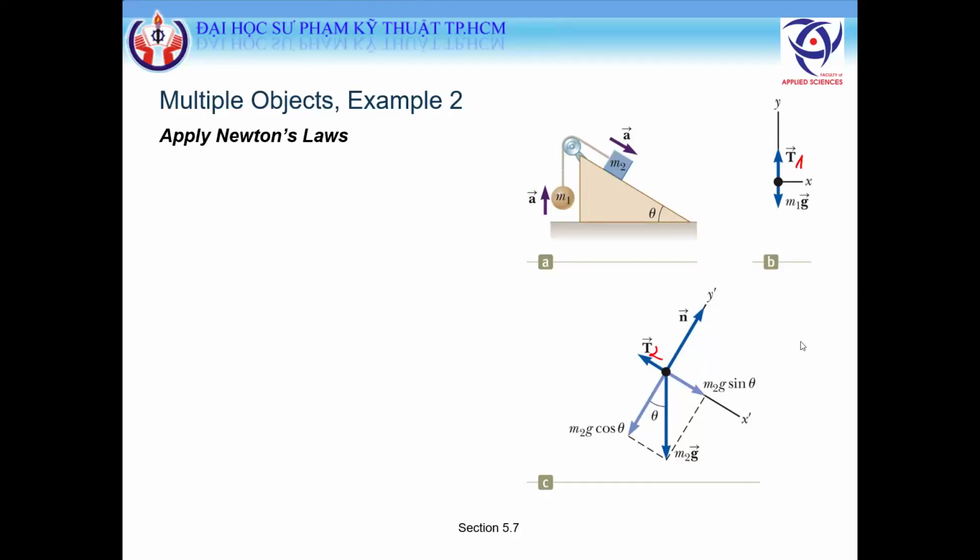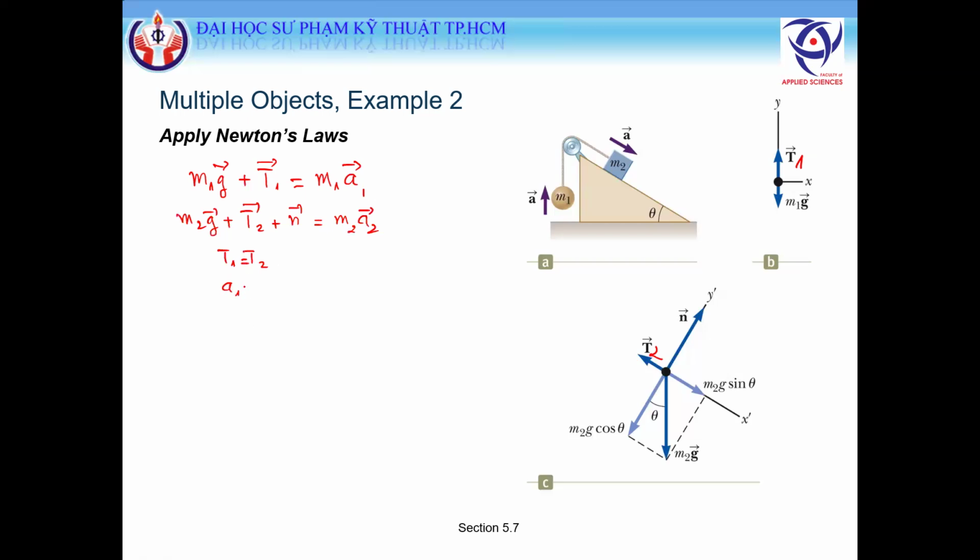Okay, so if you write the equation, you can have the vector equation like this. Here, vector equation. So M1G plus T1 will be M1A1, right? M2G plus T2 plus N equal to M2A2. And we know that the magnitude of T1 and T2 will be the same.